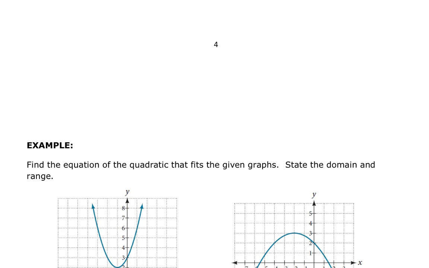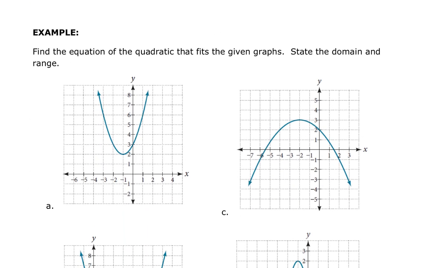So following these steps loosely, I'm going to start with figuring out what the vertex is. So the vertex of this first one is going to be -1, comma 2.